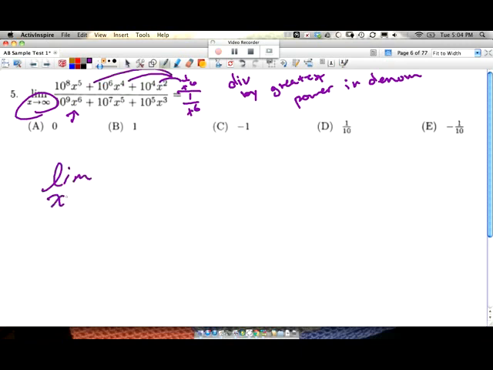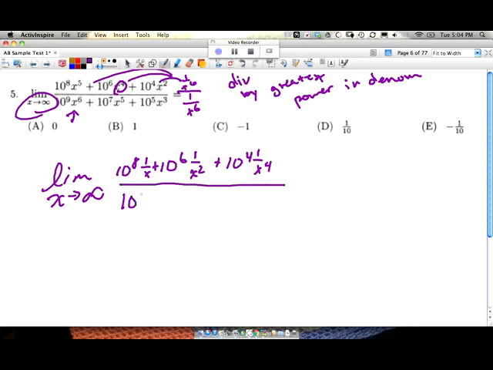So we're going to have the limit as x approaches infinity of 10 to the 8th times x to the 5th over x to the 6th, which is really 1 over x. And then we have plus 10 to the 6th times 1 over x squared, when we simplify x to the 4th and x to the 6th. Plus 10 to the 4th times x squared over x to the 6th, which is really 1 over x to the 4th.